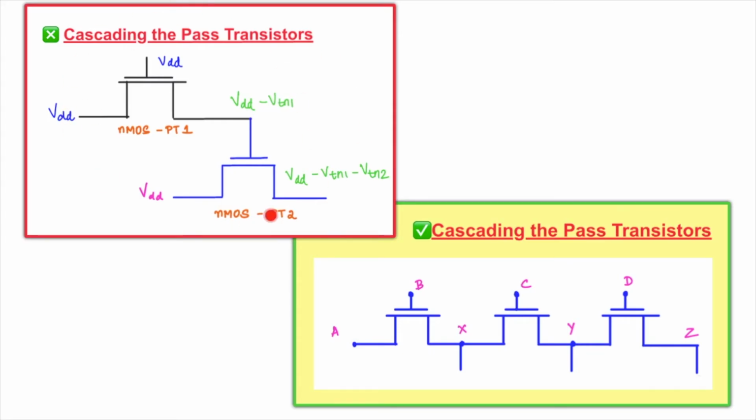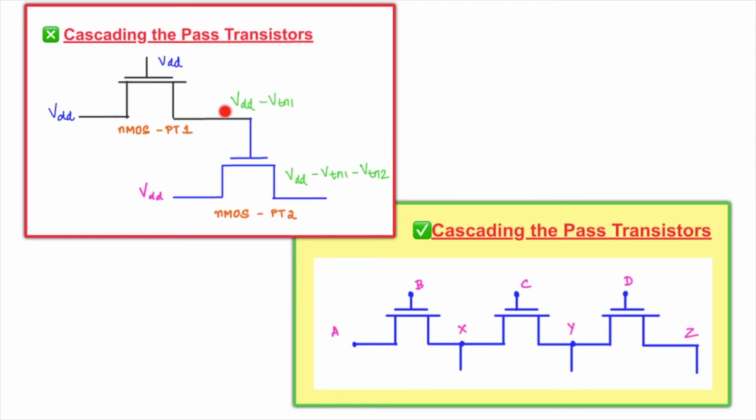Here the voltage drop increases with each subsequent cascading of pass transistors. If you extend by one more pass transistor, that adds one more threshold voltage drop, because NMOS cannot pass a strong one, it can pass only a weak one.